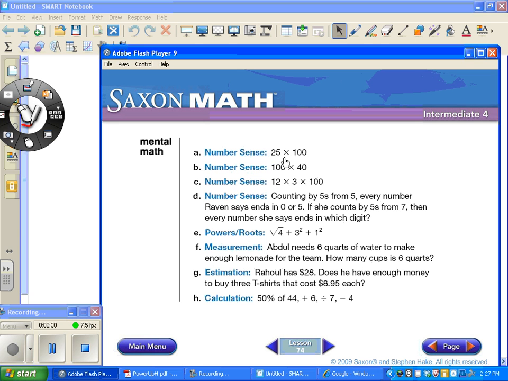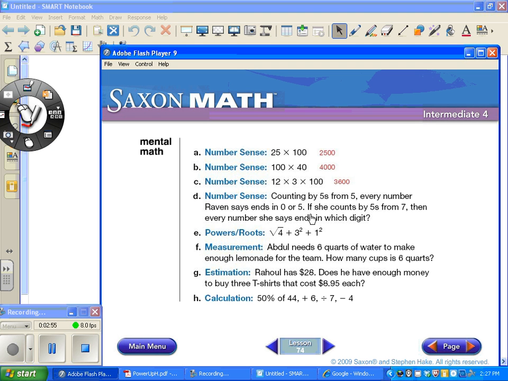Now let's look at 25 times 1. Tack on 2 zeros. 1 times 4. Tack on 3 zeros. Now 12 times 3, 36, right? Times 1 and tack on 2 zeros. Now, counting by fives from 5, every number, Raven says, ends in 0 or 5.